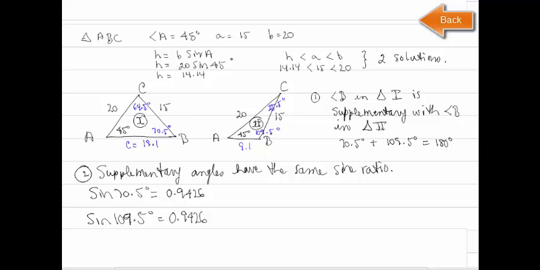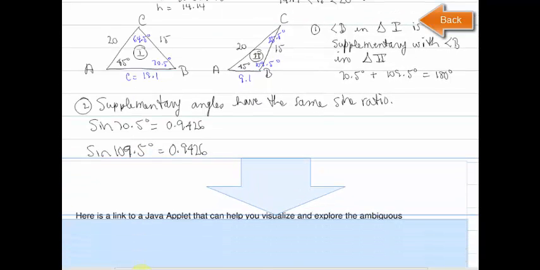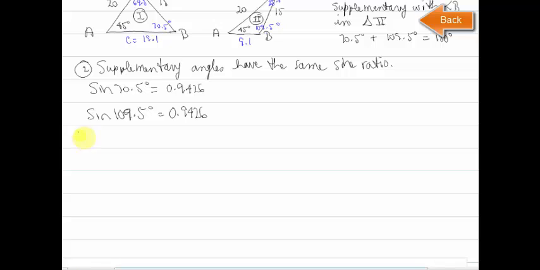Okay, the other one that I would like you to make, this is our third one, is that the sine ratios of sine 70.5 and sine 109.5 are both positive.